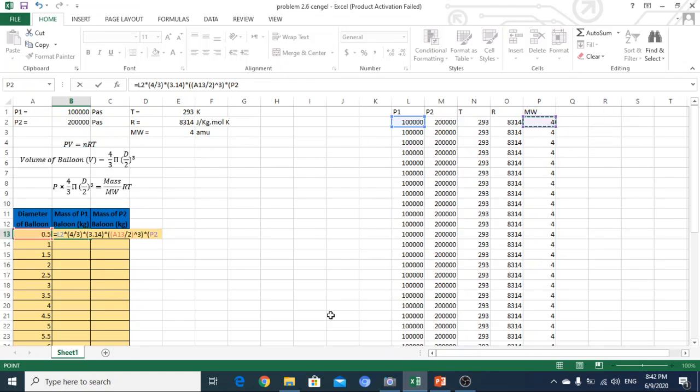Then all these factors are divided by the value of R, which is also here, multiply by the value of temperature, and bracket close, and complete bracket close.